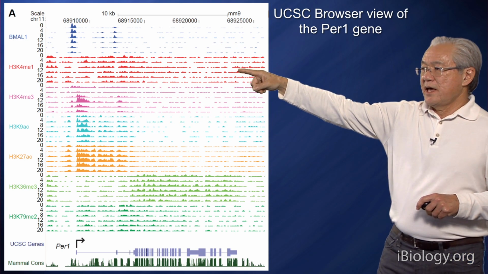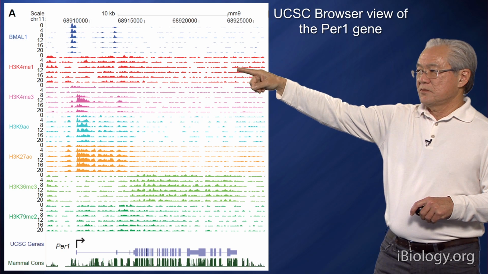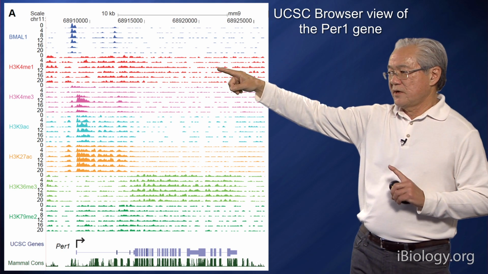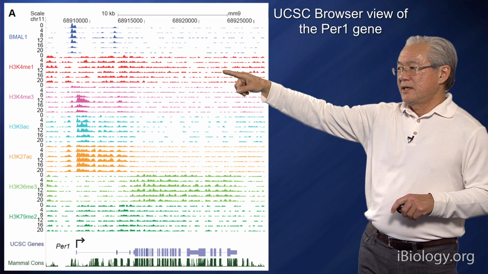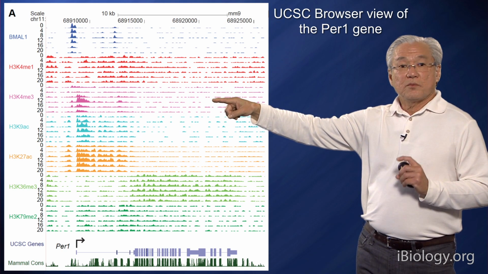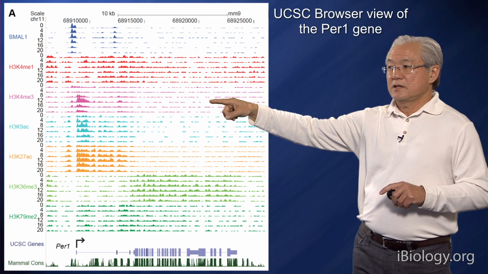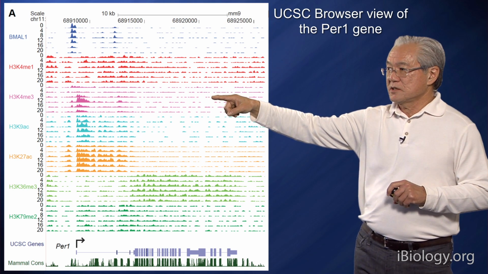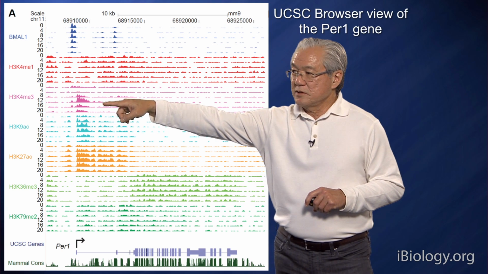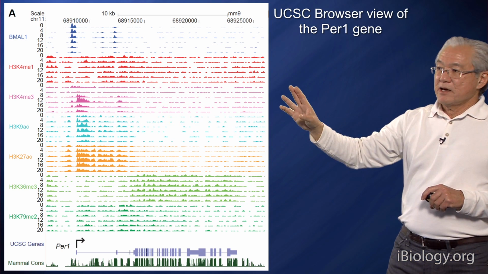And to get you oriented, here's BMAL again. Then this is an activation mark called histone 3 lysine 4 monomethylation, which you can see is sort of high across the gene body. And then a classic promoter mark, histone 3 lysine 4 trimethylation, seen here, is extremely interesting. It's highly dynamic.